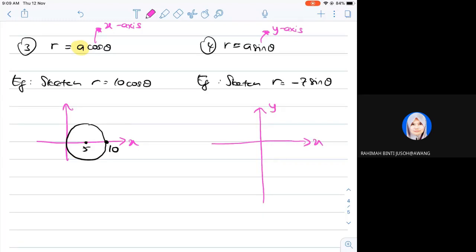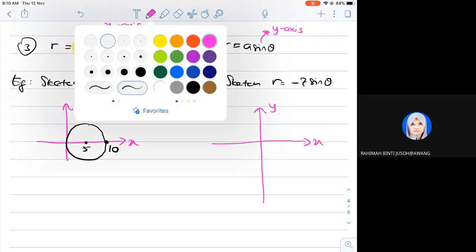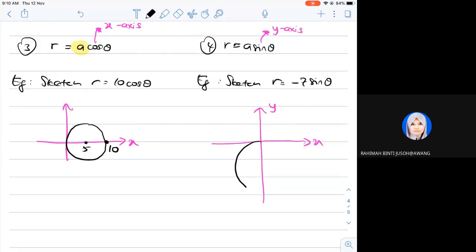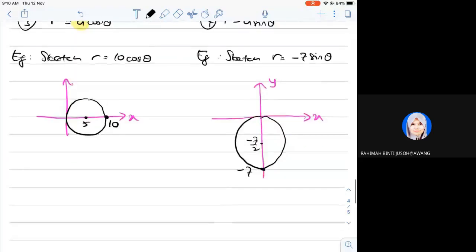So it should be above or down here? Down. Down here. Okay, below here. Okay, so we have this circle, and the value here is negative 7, and the center should be negative 7 over 2.